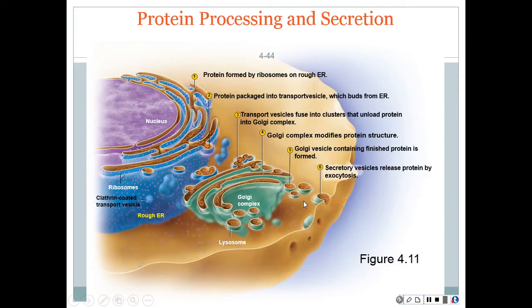Now, some of the Golgi vesicles become lysosomes, while others become secretory vesicles that are going to merge with the plasma membrane, which you see here. They merge with the membrane, and then it's going to release the cell products by exocytosis.